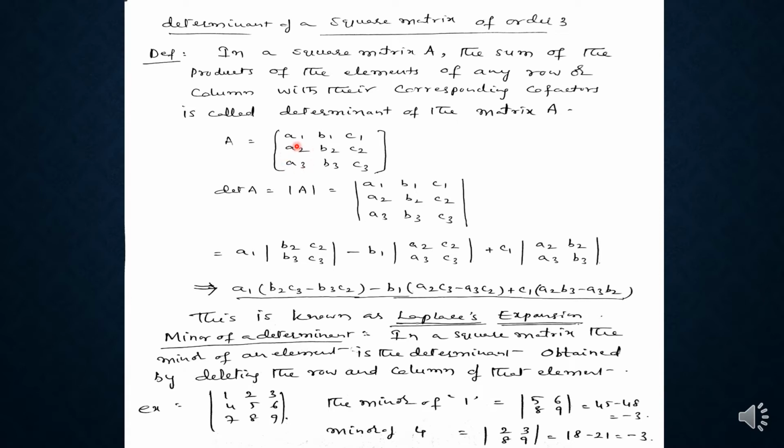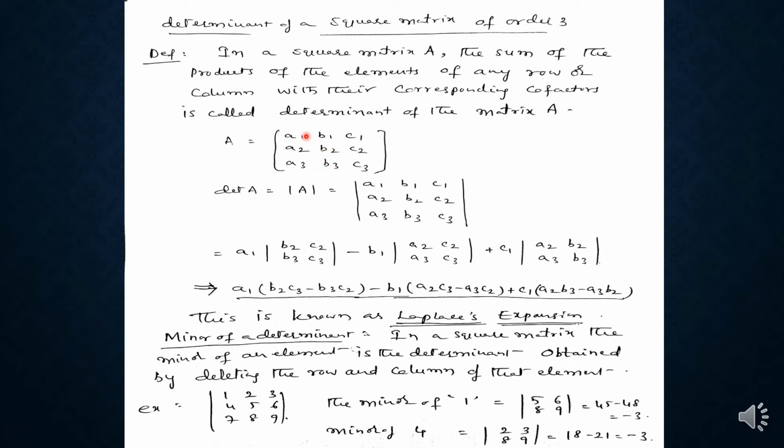Suppose the cofactor of the element A1, capital A1, can be obtained by minus 1 whole to the power of row number 1 and column number 1. A1 is in the first row and first column. So capital A1 is equal to minus 1 whole to the power of 1 plus 1 into its minor, that is B2, C2, B3, C3.